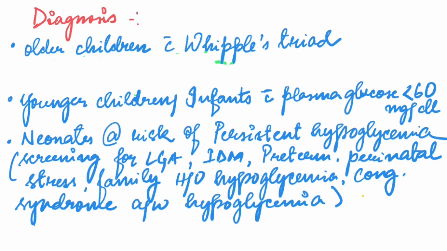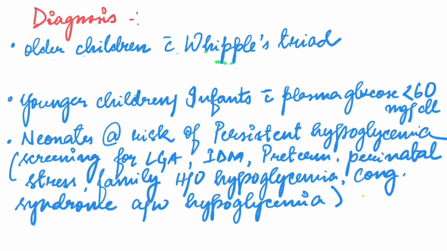Next, coming to the diagnosis. This is purely what is written in the Nelson 22nd edition. As per the Pediatric Endocrine Society, hypoglycemia disorder should be evaluated in older children presenting with Whipple's triad. Now what is Whipple's triad?